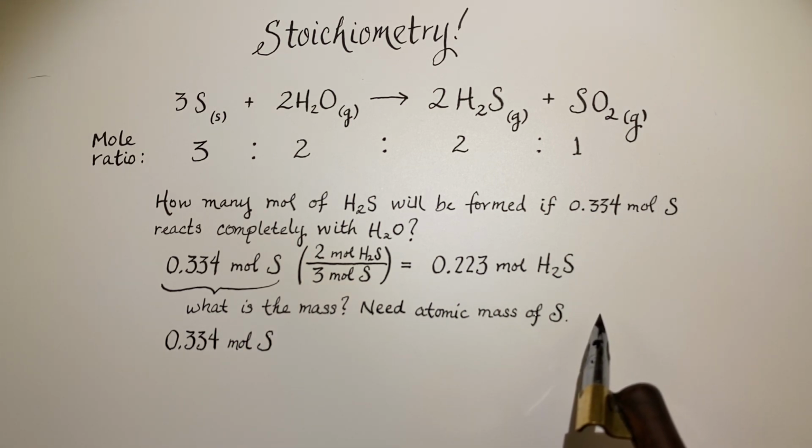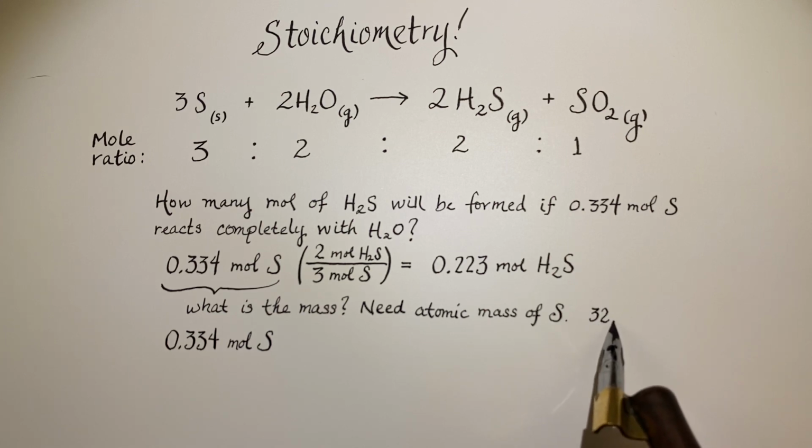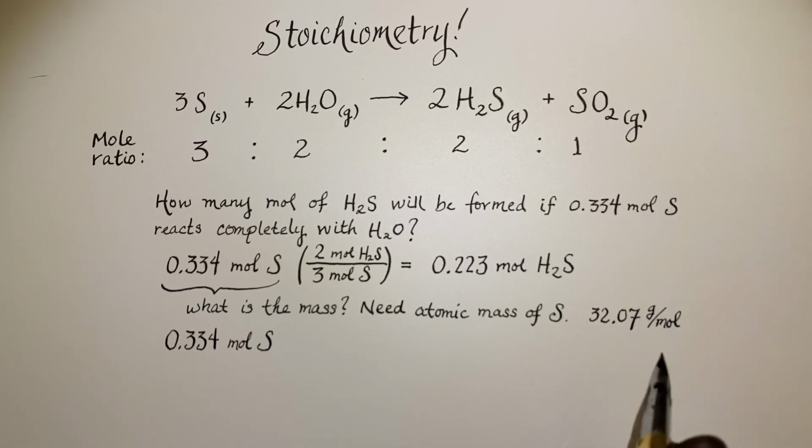And the atomic mass of sulfur, with 4 significant figures, is 32.07 grams per mole. Depending on your periodic table, you might get more significant figures than that, and that's totally fine.